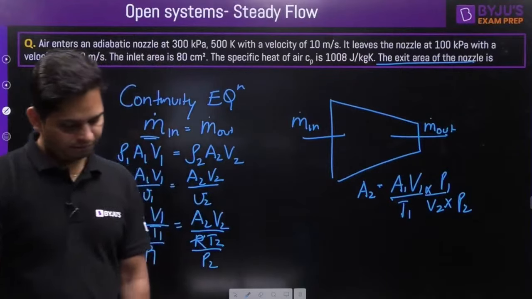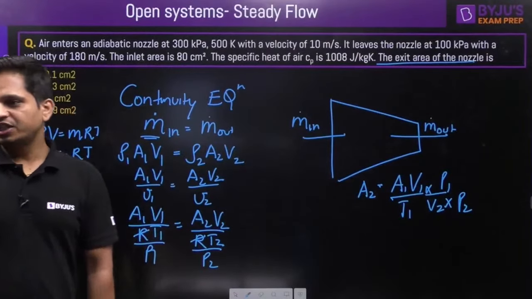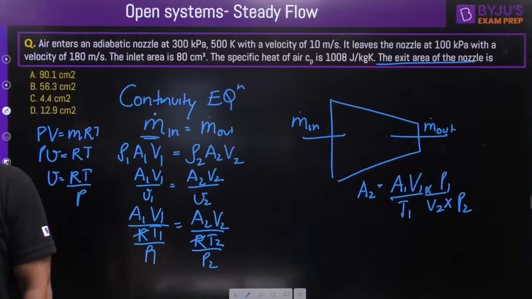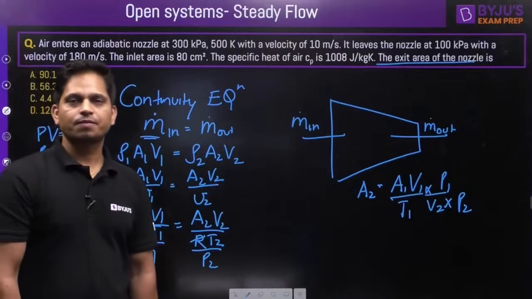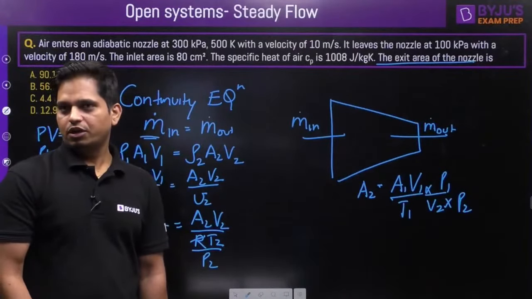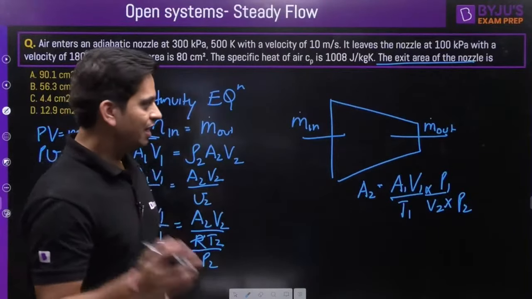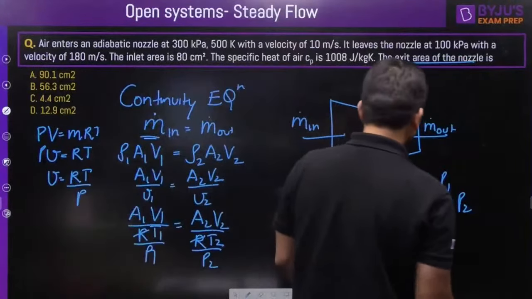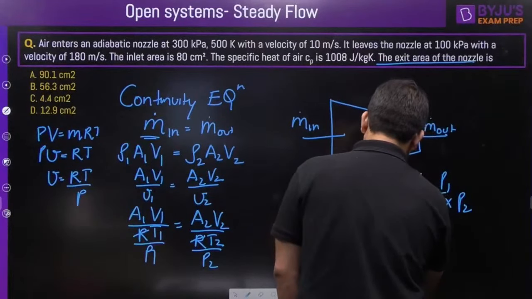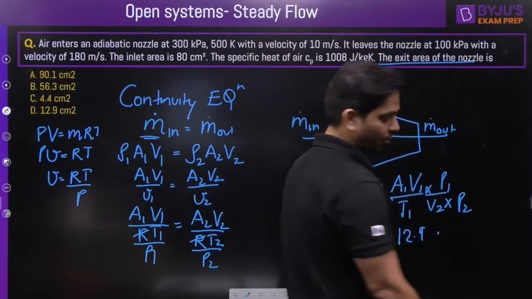12.9, that is correct. Sachin, are you able to understand this? Is this okay? You cancel the density, so that is 12.9. 12.9 what?